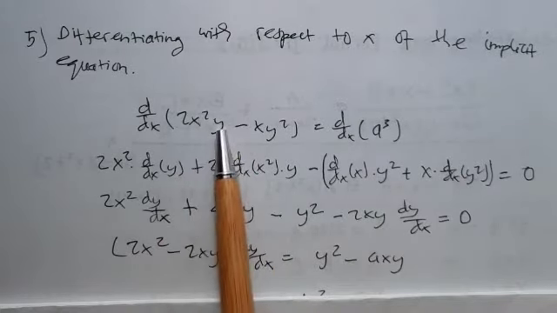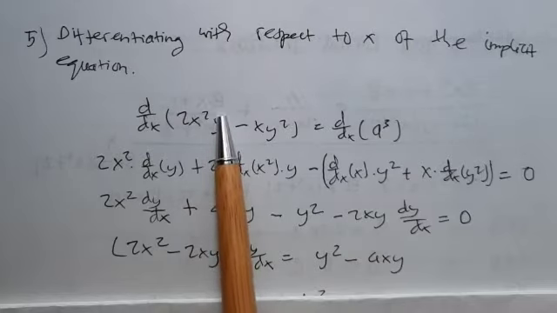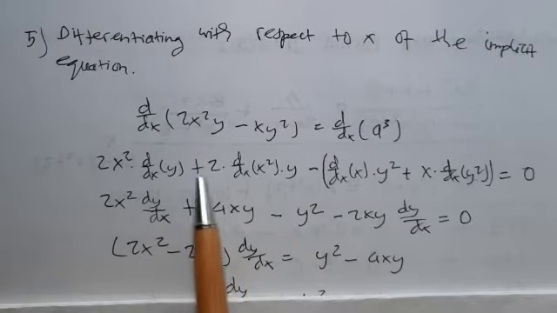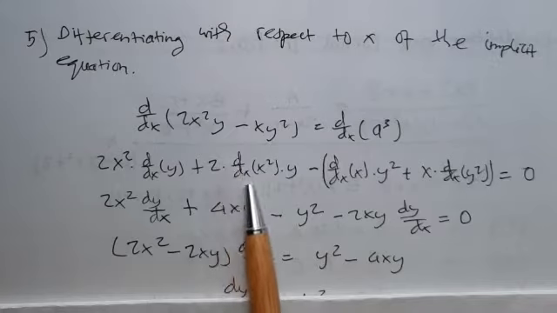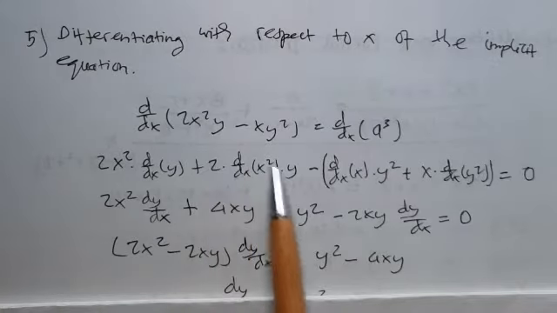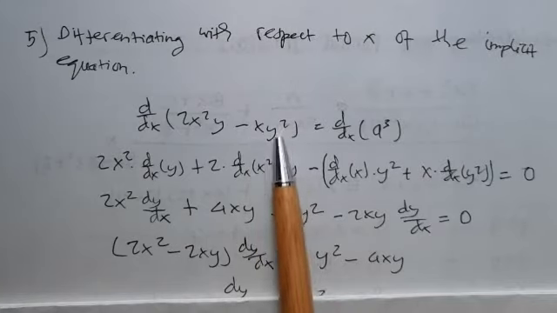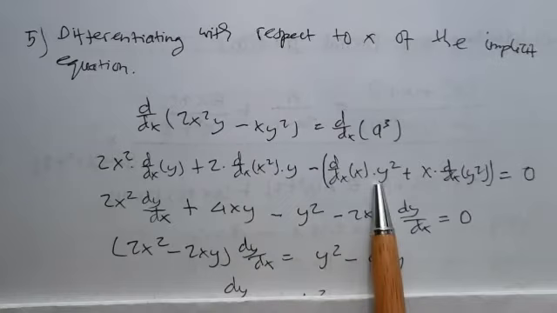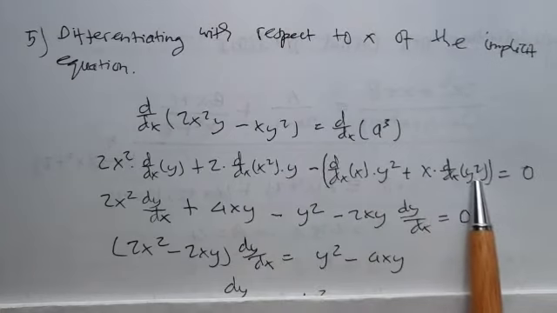Differentiation of this part: 2 times x squared times differentiation of y, that is 2x squared times dy/dx, plus 2 is just a constant, thus 2 times the differentiation of x squared times y, that is the product rule, minus, also here is a product, thus the differentiation of x times y squared: d/dx of x times y squared plus x times the differentiation of y squared.